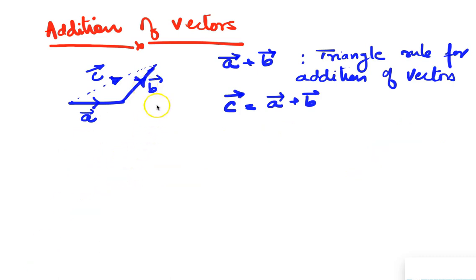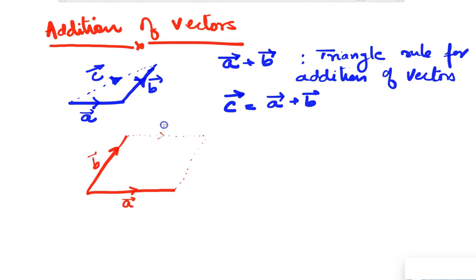So we'll talk about another law which is derived from the triangle law of addition. So if you have a vector A and you have a vector B, and assume these are free vectors, so you can just move vector A and vector B like this.